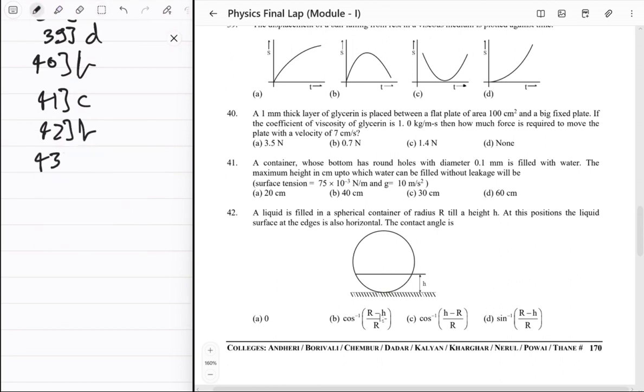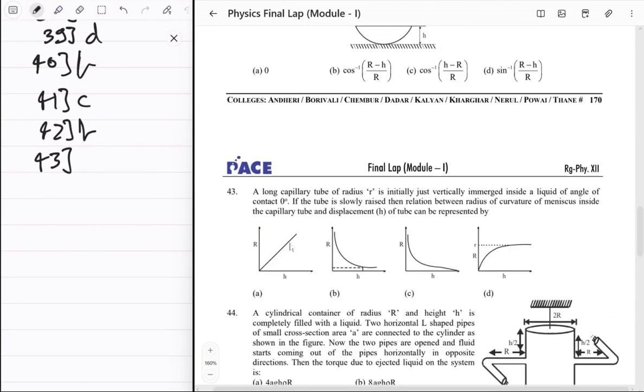43. A long capillary tube of radius r is initially vertically immersed inside a liquid of angle of contact 0 degree with the capillary tube.